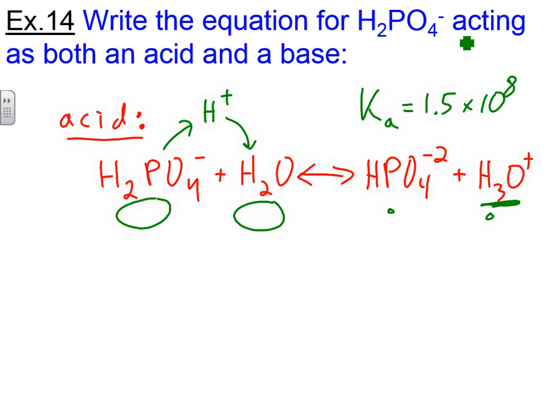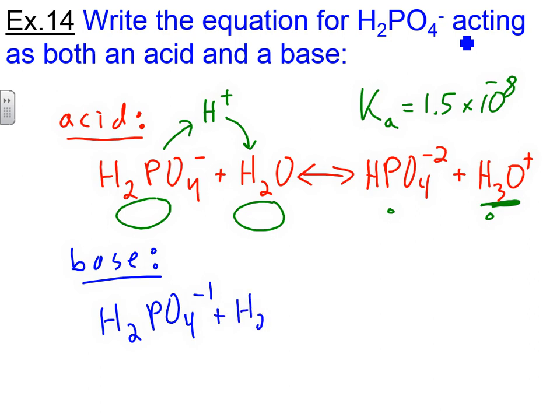As a base, we can write it also acting as a base. It's amphoteric. So as a base, H2PO4 minus 1 charge will also react with water. And as a base, bases by definition accept protons. So we're actually going to show it accepting an H+.